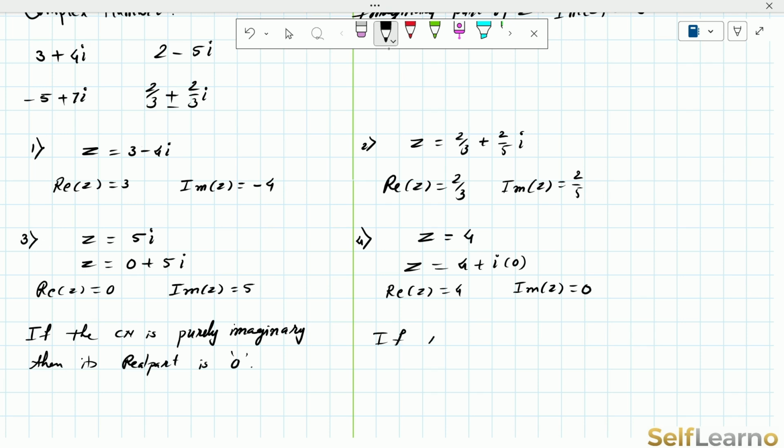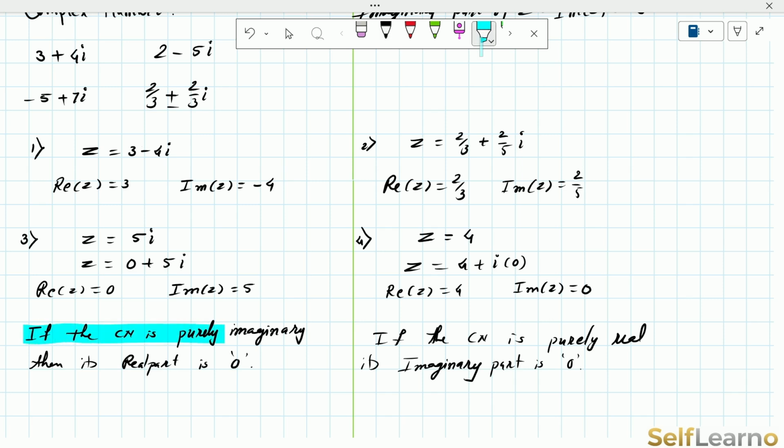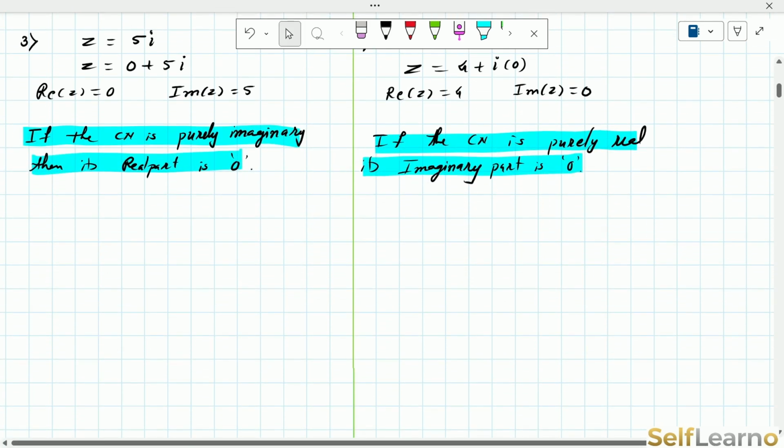And if the complex number is purely real, its imaginary part is 0. These two sentences are very important for you in many excellence level questions. So please remember these two sentences just like rules.